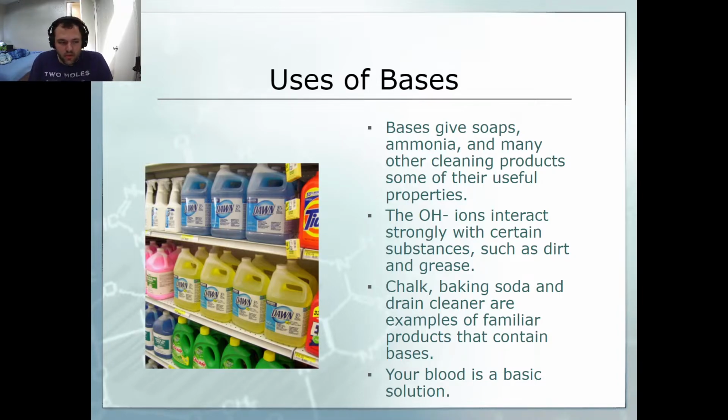Some common ones are chalk, baking soda, and drain cleaner, ones that you might find around your house. And then even, like we said, we had hydrochloric acid in our stomach acid to dissolve food. Well, your blood is actually an example of a base. It's a slightly basic solution.